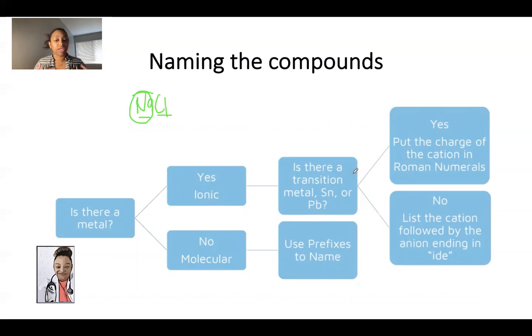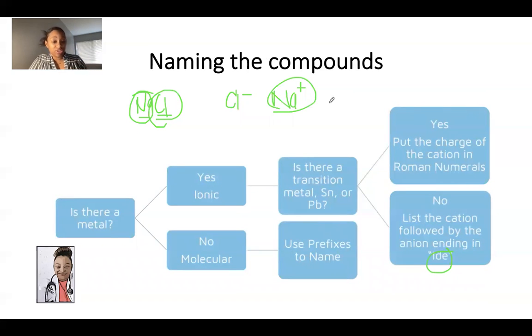If it's not, then we list the cation followed by an anion ending in "ide." In this case, that's sodium chloride. An anion is just an element with a negative charge, and a cation is just an element with a positive charge. So we use the cation first and then add chloride.